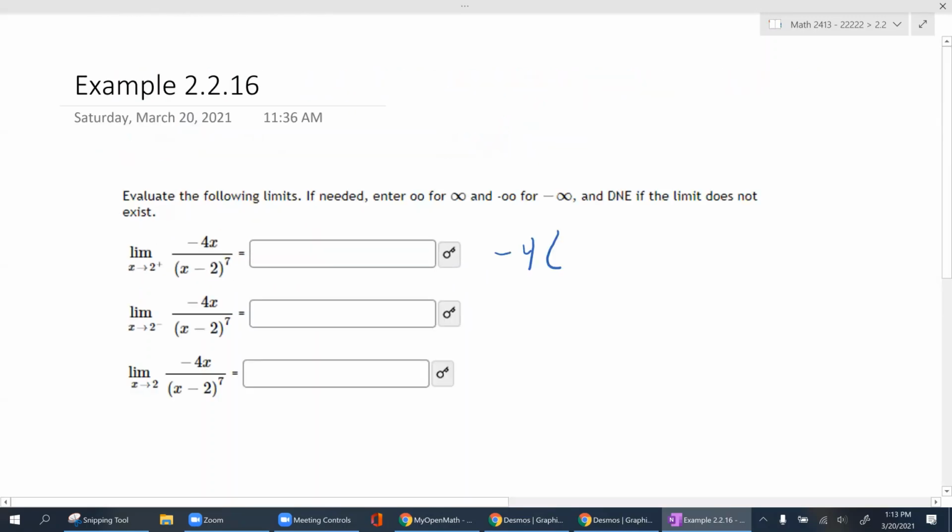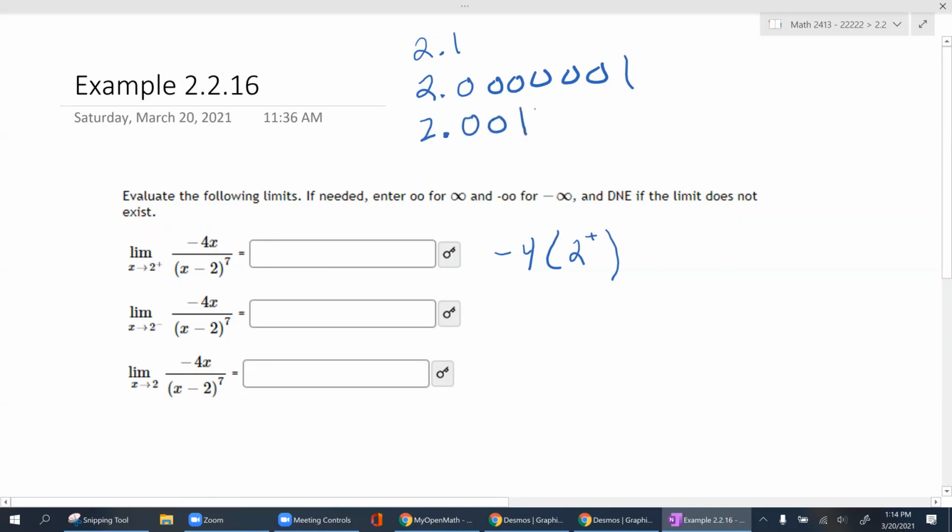I'm going to plug in 2, but slightly from the right. That can be 2.1, or if you want to be even more specific, you're plugging in 2.0000001. You don't want to use too many zeros.